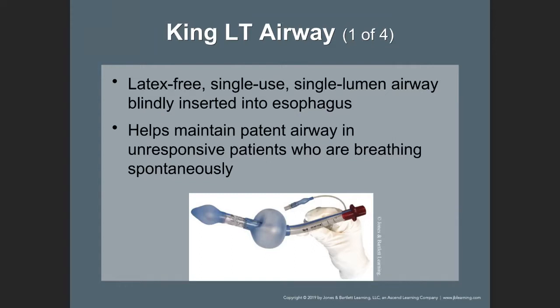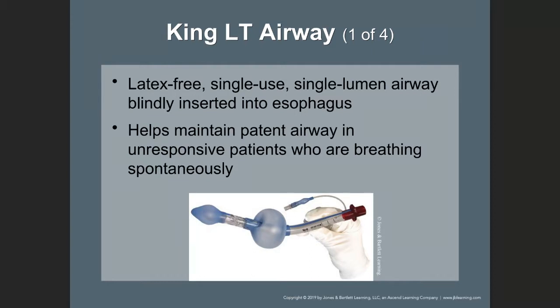All right, now let's look at the advanced airway equipment. So the first and most fundamental concept that you need to commit to memory is if your basic procedures are working, advanced is not necessary.